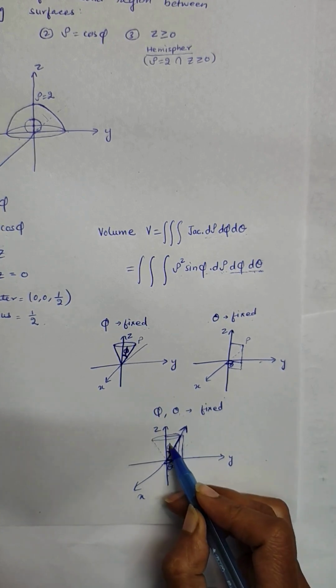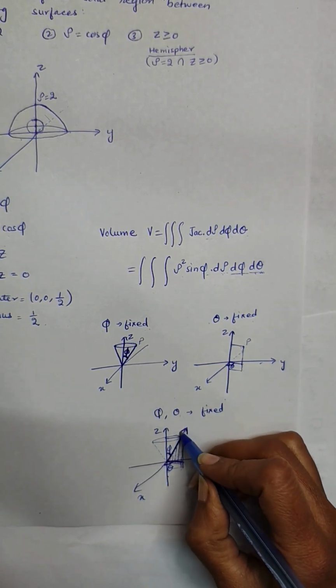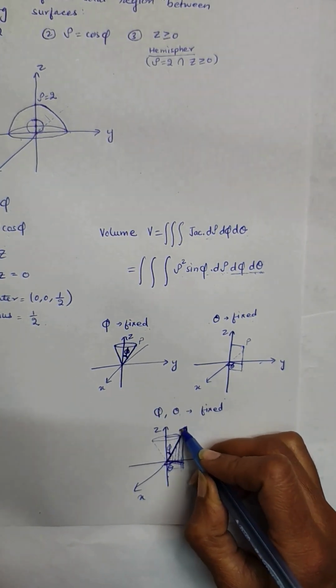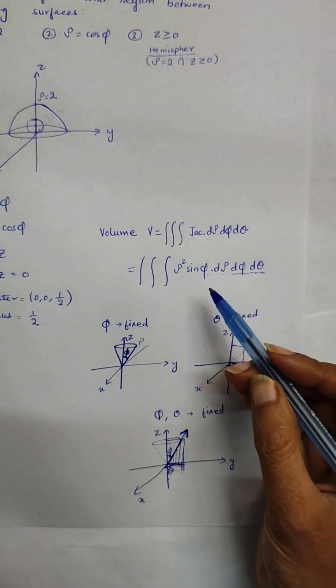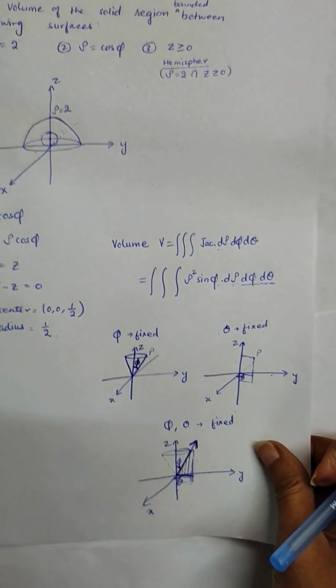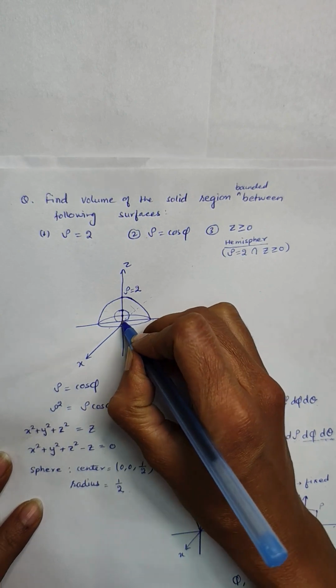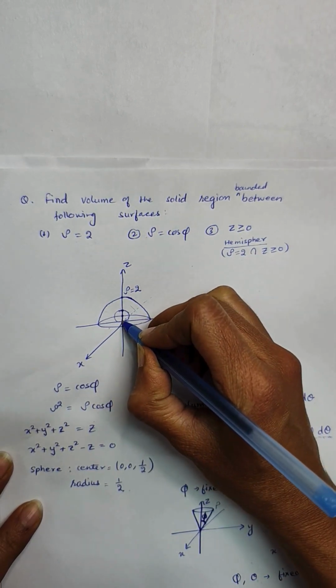That's why keeping theta and phi fixed, we get this ray. Okay, so now to find the limits of integration with respect to rho, what we do is we start from the origin and we draw this ray.